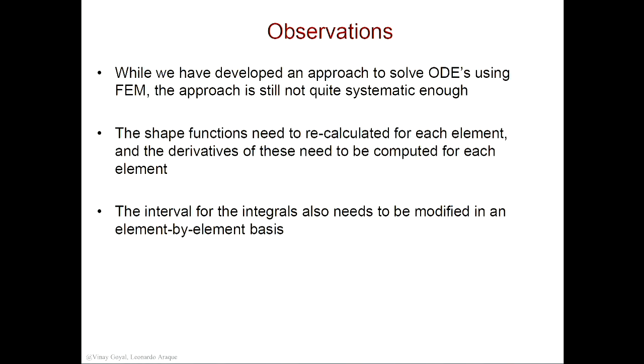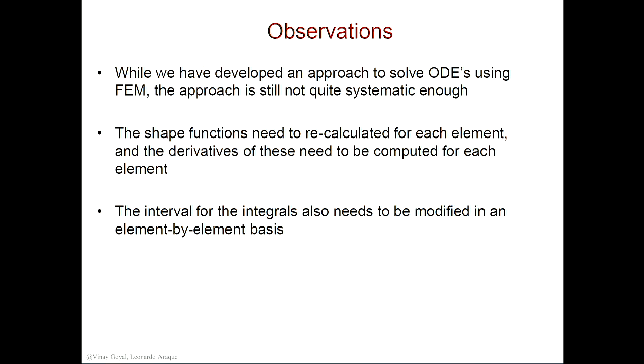Okay? And so what we're going to do next is to figure out a clever way of not having to recalculate these shape functions, because these are numerical calculations that cost computational time. So if I have a way of keeping the shape functions the same for every single element, I don't care what size I have.